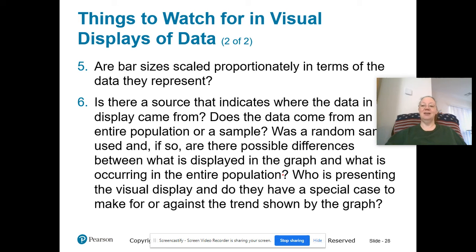So they had a goal. They had a special case. They wanted you to buy the milk. So can you trust the data? Maybe, but you're going to want to check into it a little bit further. You're probably not going to want to take the data without doing some investigation research on your own.